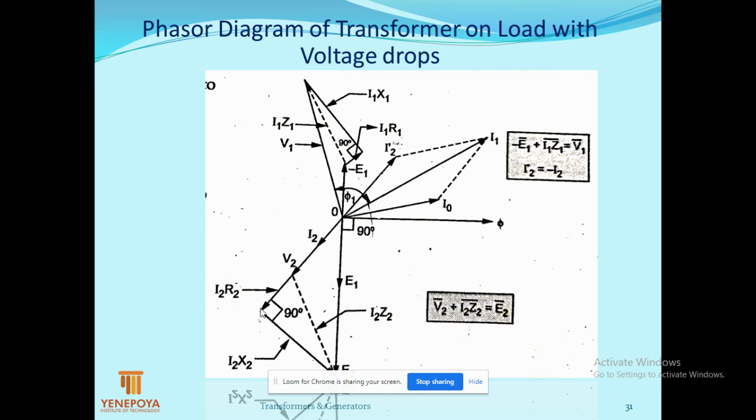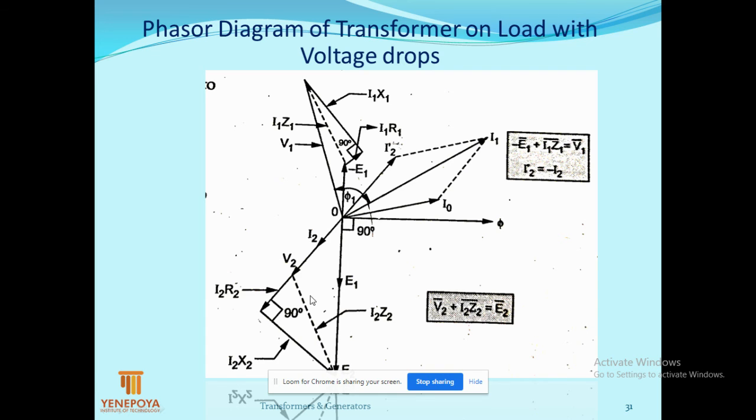IR and IX drops are always 90 degrees to each other. From the tip of I2 R2, you draw I2 X2. That will join at the point E2.